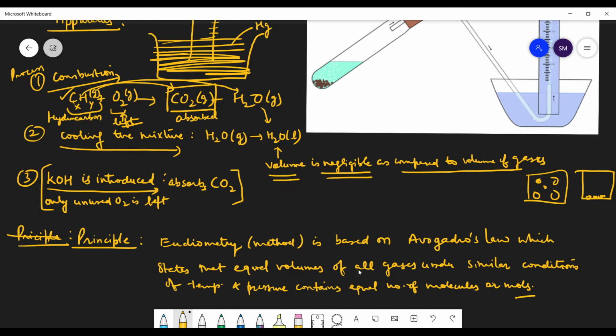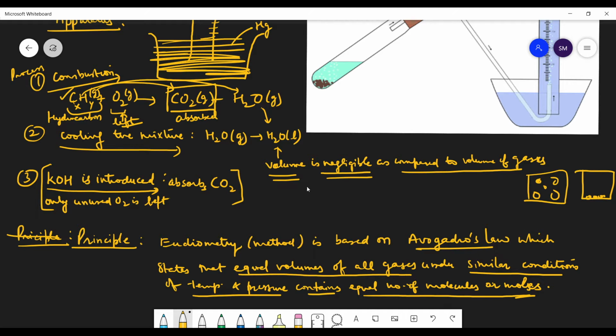So equal volumes of all gases under similar temperature and pressure contain equal number of molecules or moles. Is this clear, students? That's Avogadro's law.